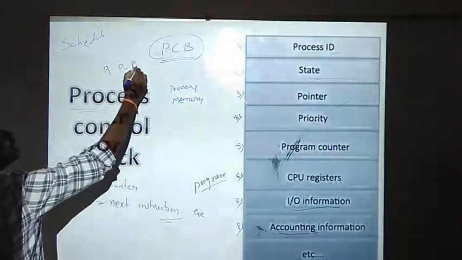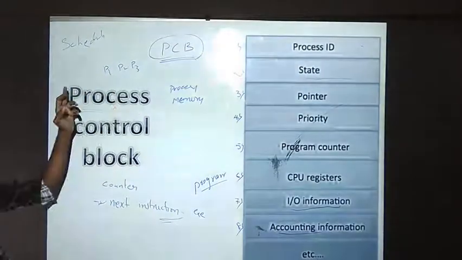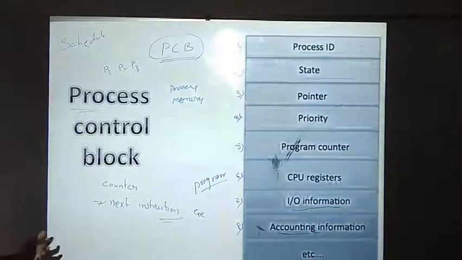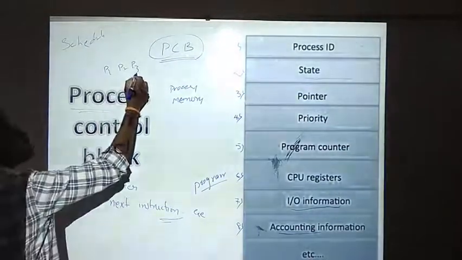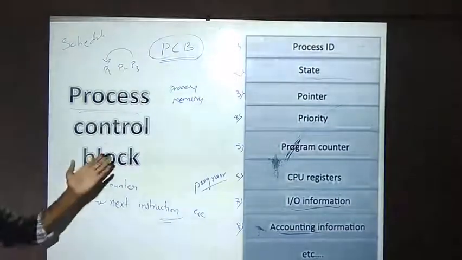We will be assigning the processes like this: P1 will be executed first, P2 next, P3 then. Like that, we will have some priority. If P3 has a higher priority than P1, then P3 should be executed first, then P1, P2.